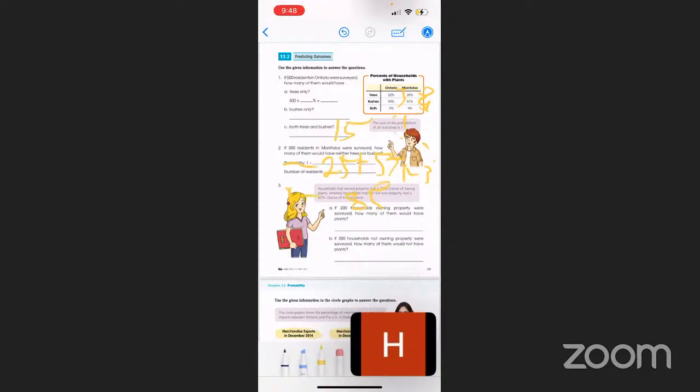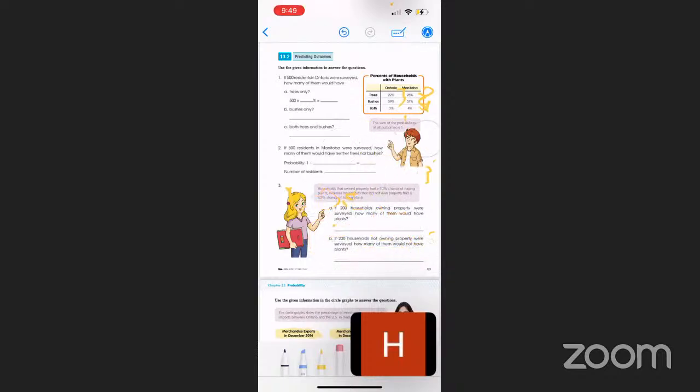So 1 minus 85%. Convert 85 to a decimal, it's going to give you 0.85. So can you do 1 minus 0.85? 0.15. Yes, so 0.15 of people in Manitoba have neither trees nor bushes. Does that make sense? Yes.